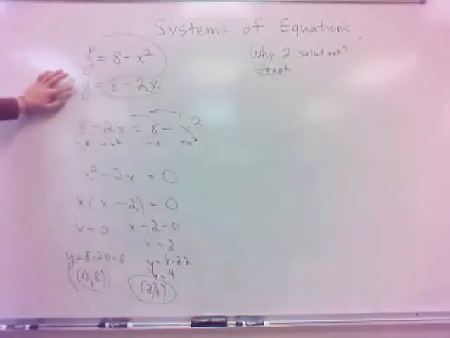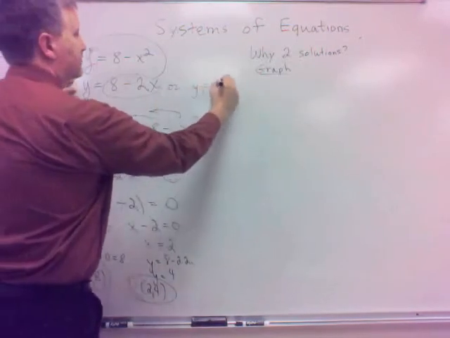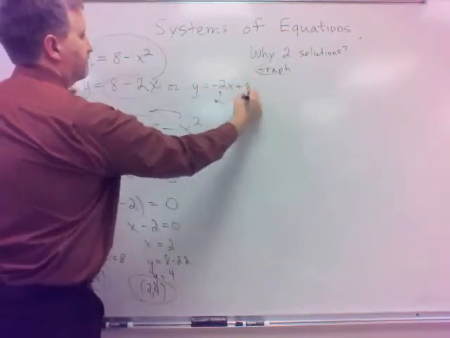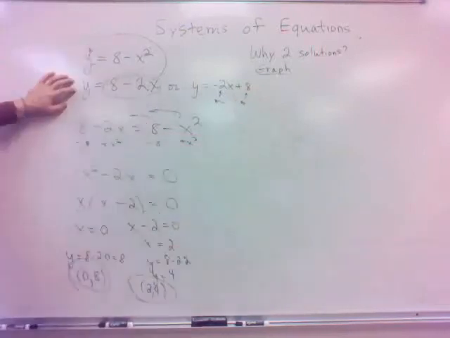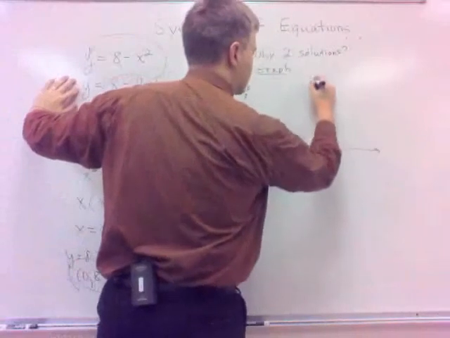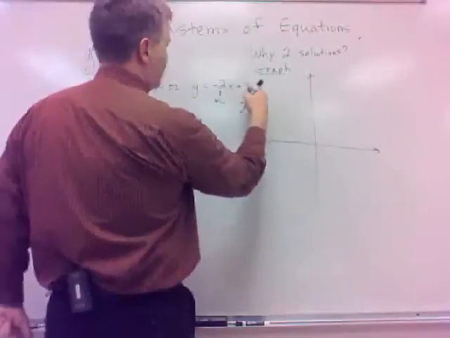Y equals 8. Let's start with that one. Y equals 8 minus 2x, or I could alternatively think y equals minus 2x plus 8. I want y equals mx plus b. So m is negative 2, the b is 8.